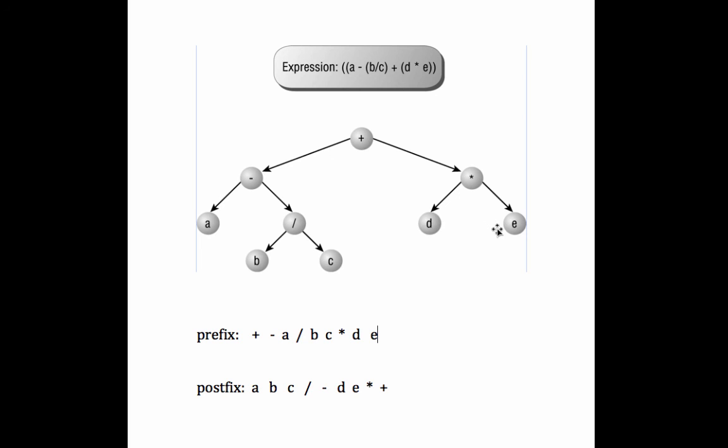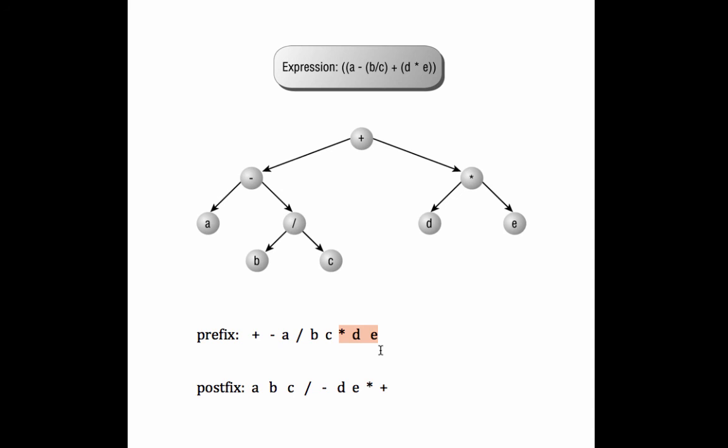So it's D, E, times, and that's exactly what you see here, D E times. Again, the operator in postfix is at the end after the operands. The prefix notation is the other way around. The operator is at the front.